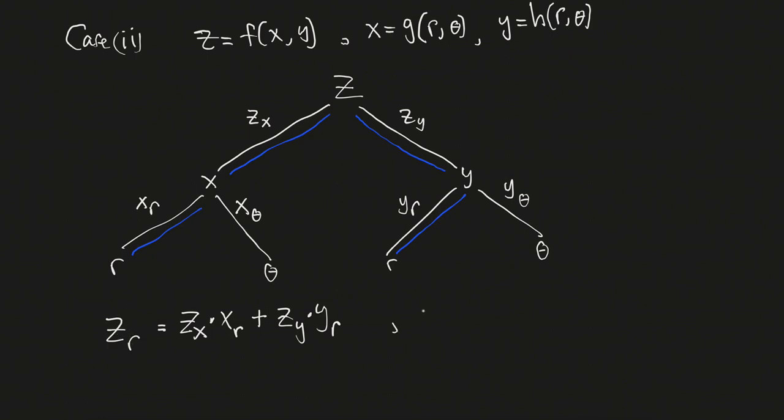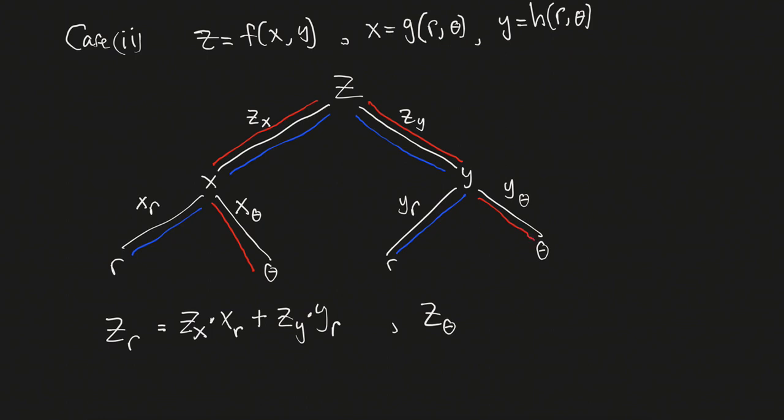If I wanted it with respect to theta, I could do that too. I'll indicate those with red. So that's where I would go along that path, and then get to that path, or along this path, or branch, right?